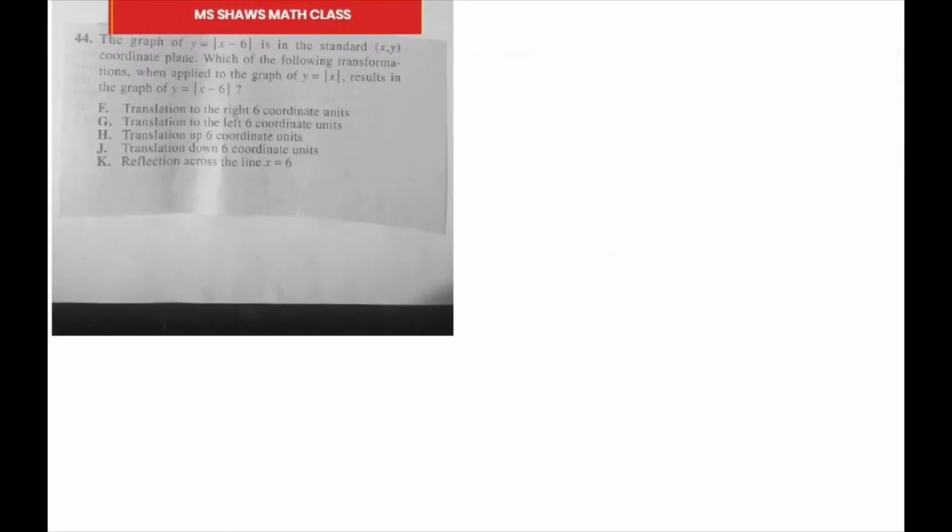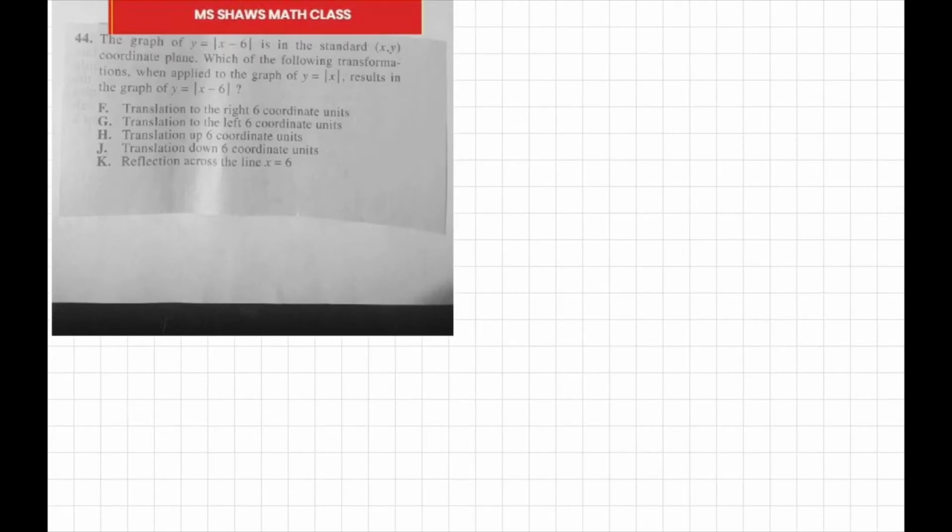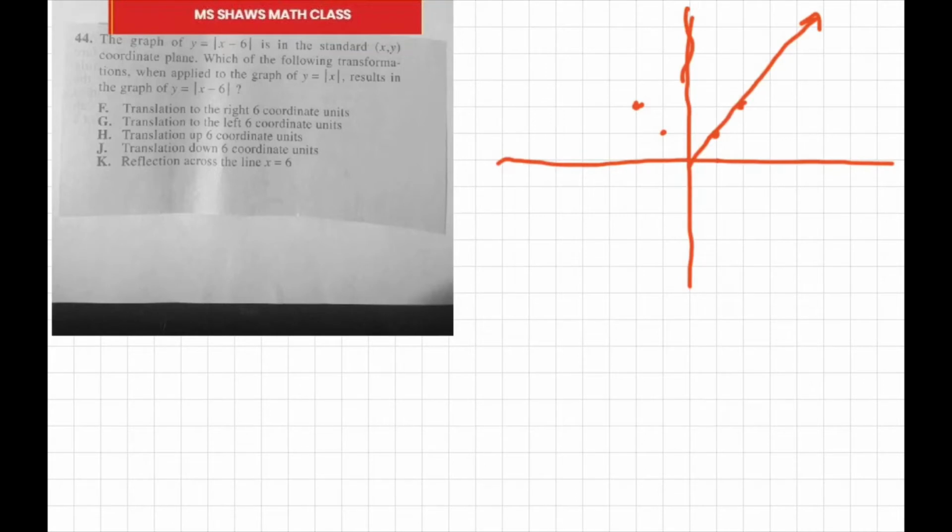The next problem is a pretty easy one. Do you know your transformations? I'll draw it on graph paper here. The absolute value function is just 1 maps to 1, 2 maps to 2, and it's straight lines here.